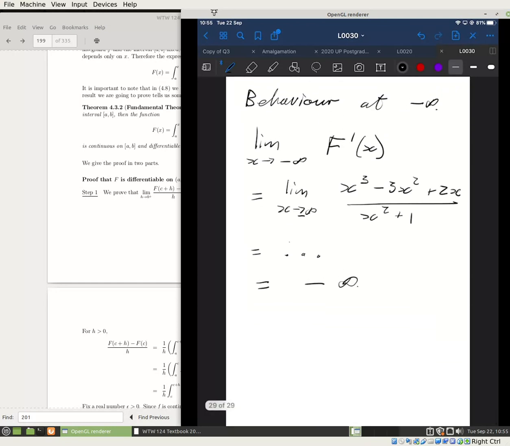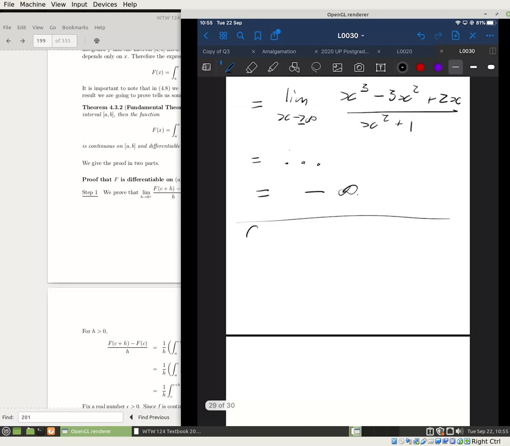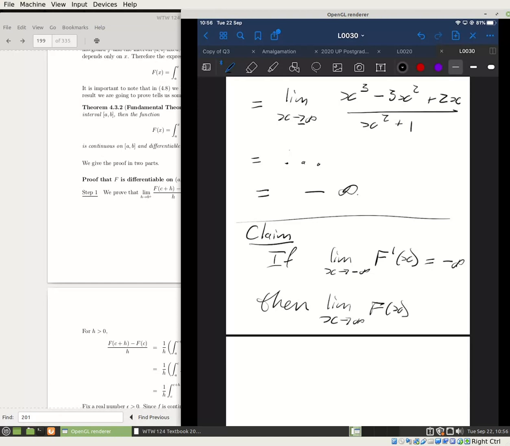And now, same as before, what do we have? I will make the claim that if the limit as x tends to minus infinity of the derivative of f of x is equal to minus infinity, then the limit as x tends to minus infinity of f of x is equal to plus infinity.